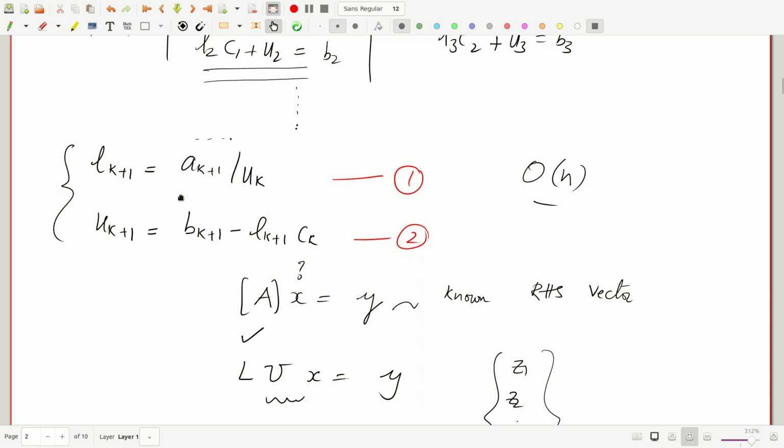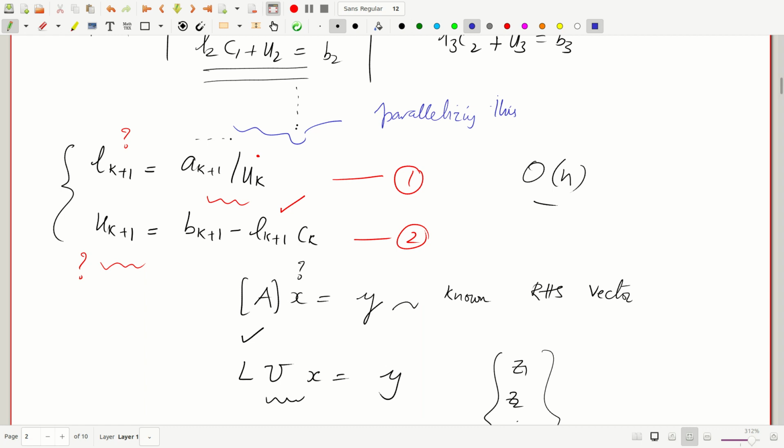If you'd like to parallelize them, you can see that there is a clear data dependency, or loop carry dependency, because your L(k+1) depends on U(k). Unless U(k) is calculated, you cannot calculate L(k+1), and only if L(k+1) is known, you can calculate U(k+1). So there is a loop carry dependence between the iterations here, as well as a data dependence. Such a dependence will restrict you from parallelizing this.